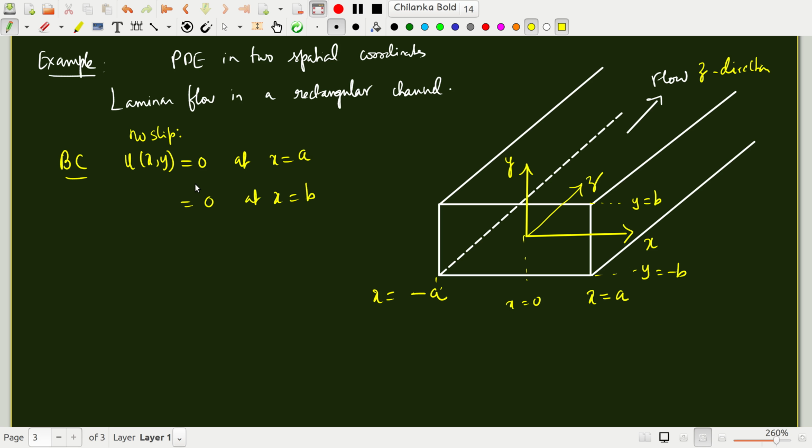I'm sorry, I have used a slightly different coordinate frame, so let me stick to that.